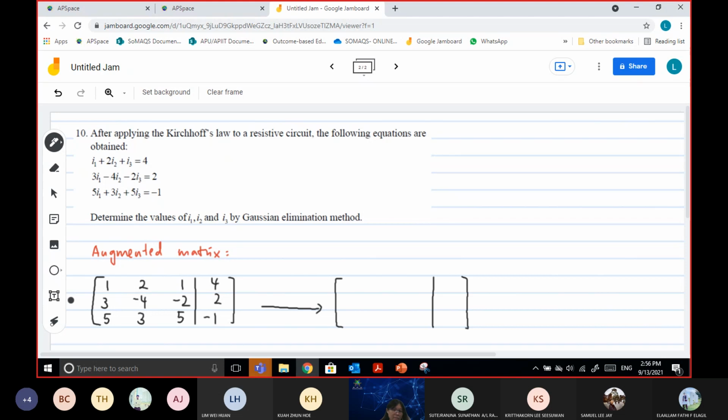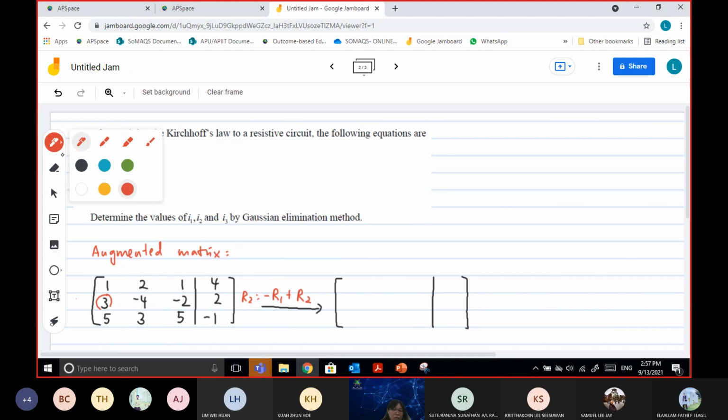Once we get the augmented matrix, then we will proceed with the row operations. As I say, we'll target on making this a 0. So we will target the second row. Since the first value on top is 1, it will be easier for you to solve. So let's say I take the negative multiply with the first row, then add with the second row.